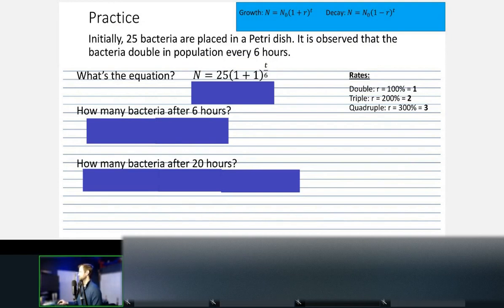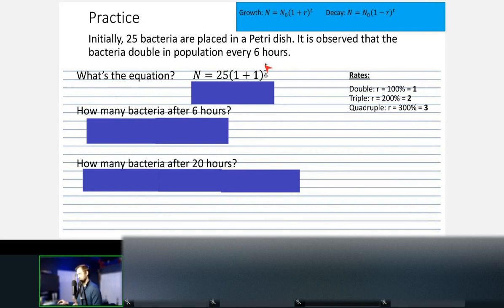And then t for time. This is the time, but it's time every 6 hours. Now this part's important when using this formula. It's time every 6 hours. So if t equals 6, well then 6 over 6 is 1. If the time is 12 hours, 12 over 6 is 2.